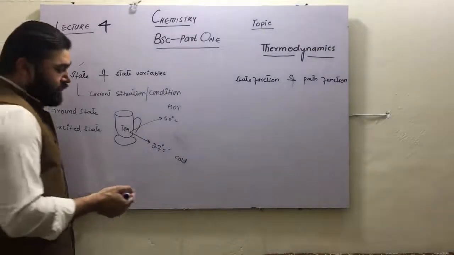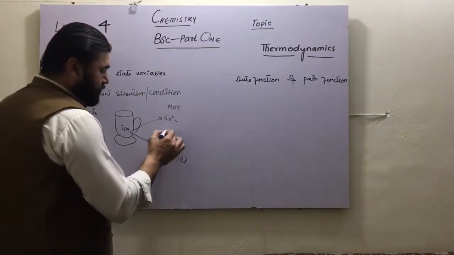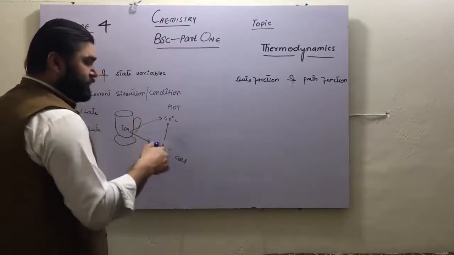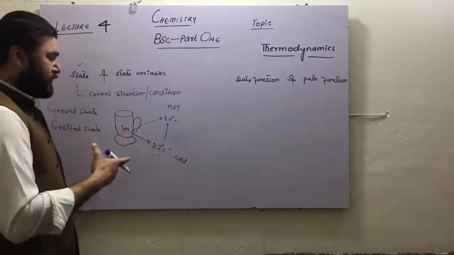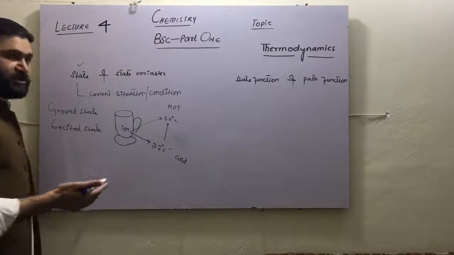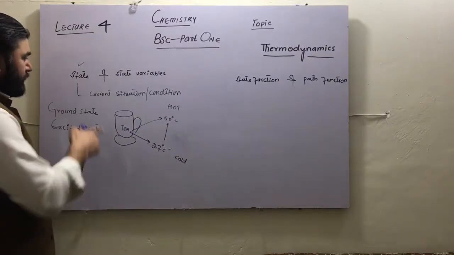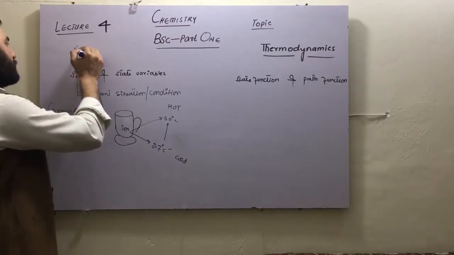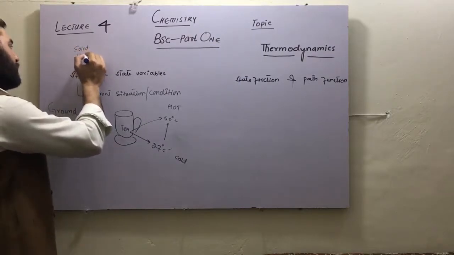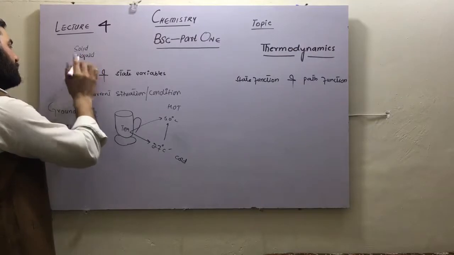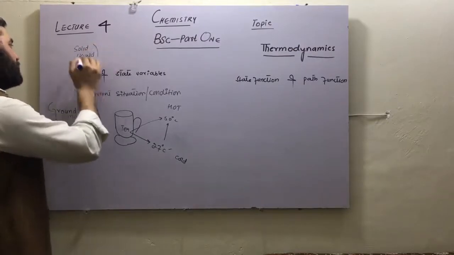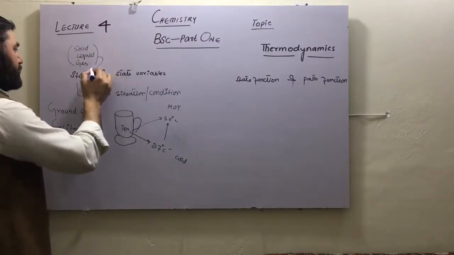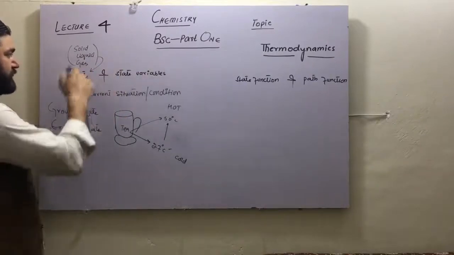Now see, if we want to increase this temperature from 27 to 50, we have to bring some changes in it. Here is one more important thing. State doesn't mean solid, liquid and gas. These states are not included in thermodynamics.